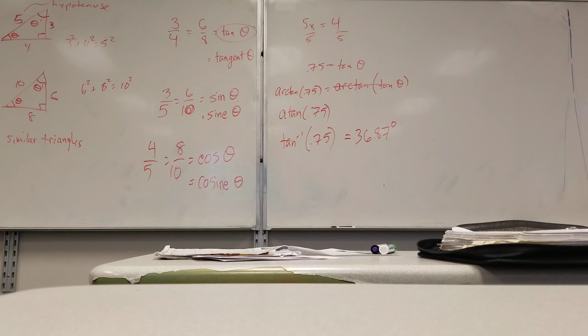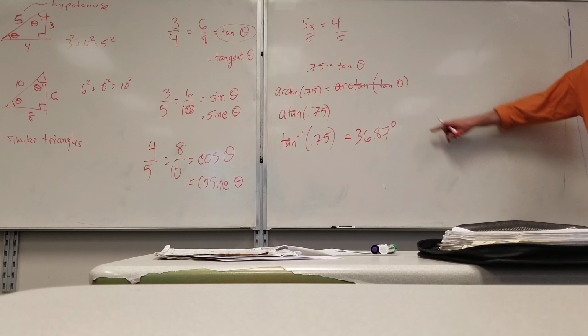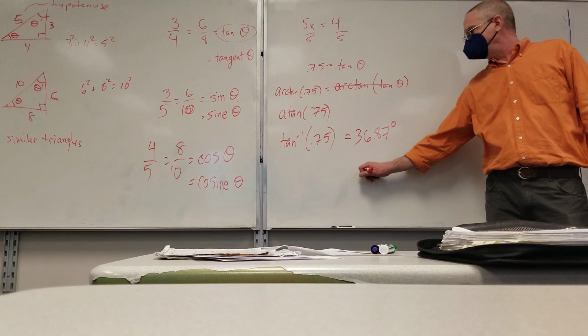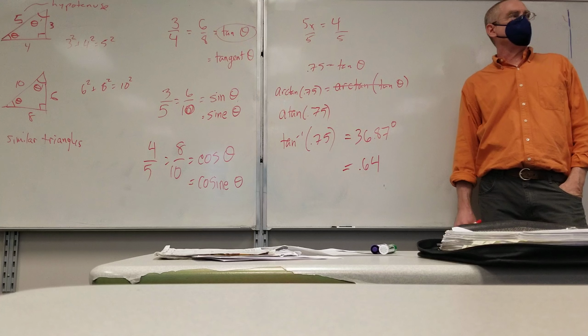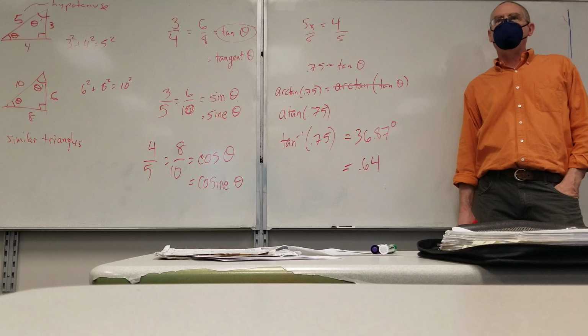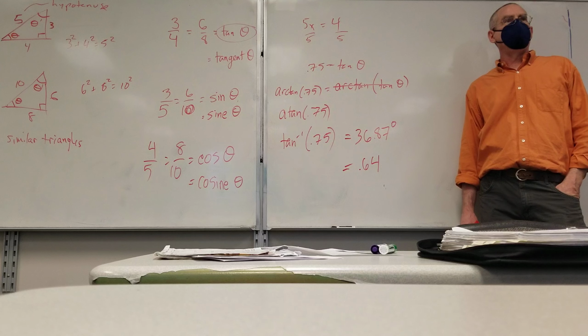You have 0.64? Are you in radians? If you end up with something other than this, if you end up at 0.64, potentially that's radians, that's a different unit system. Okay, we're good now. Good.